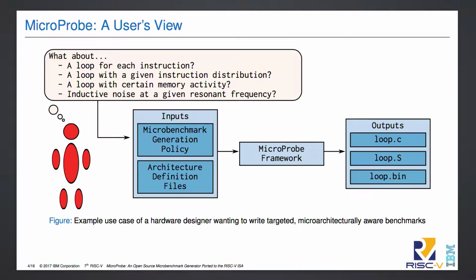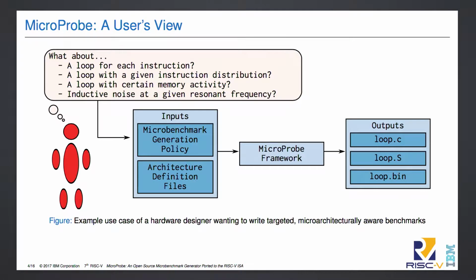And then internal to my group, where we're more focused on low power designs, how can we create a loop of instructions for generating inductive noise at a given resonant frequency? So this is intended to be a tool that's used for answering these types of difficult questions, or developing tools to help you answer them, questions that would otherwise require you to go talk to the actual architect and get their valuable time to help you with this problem.